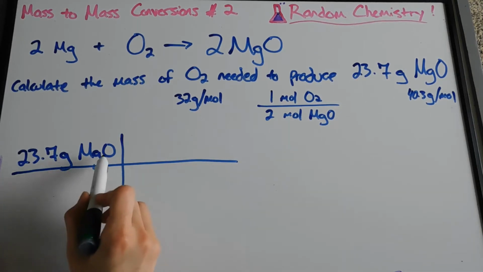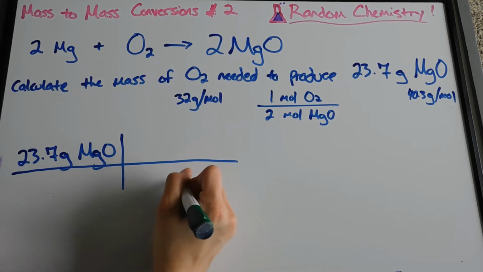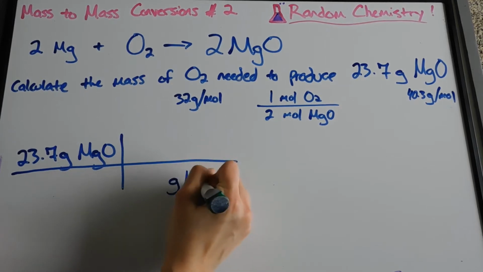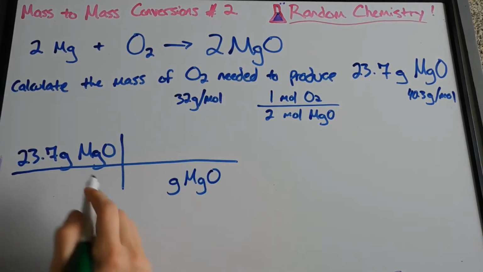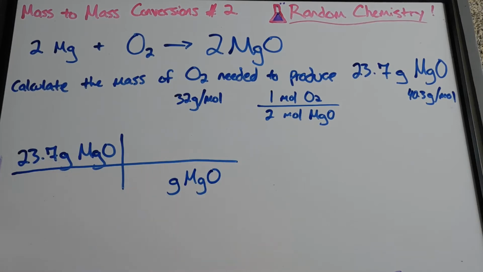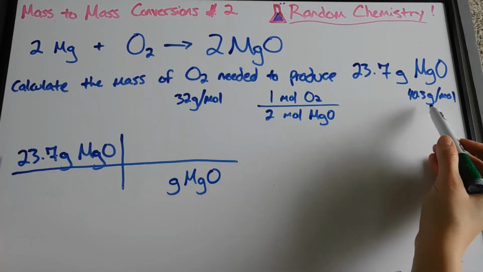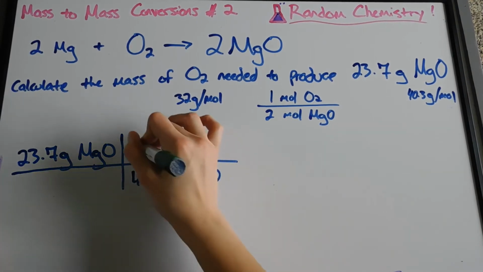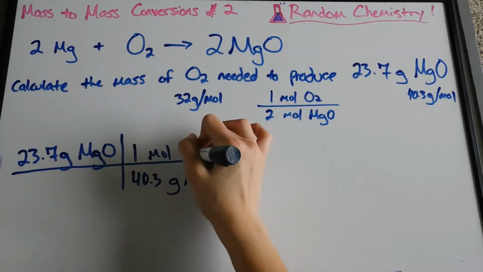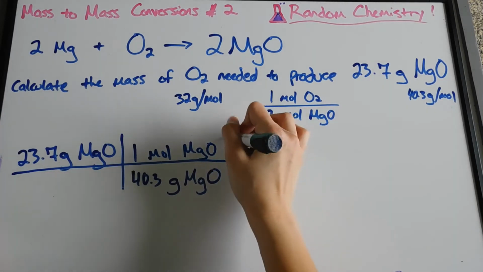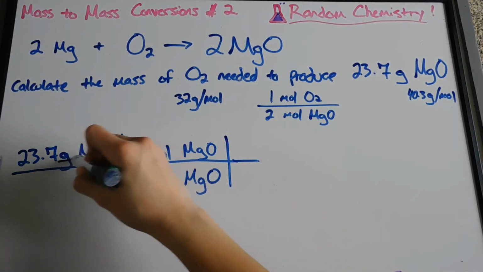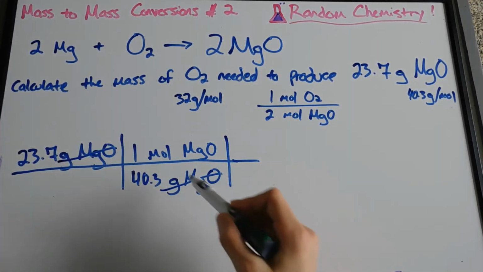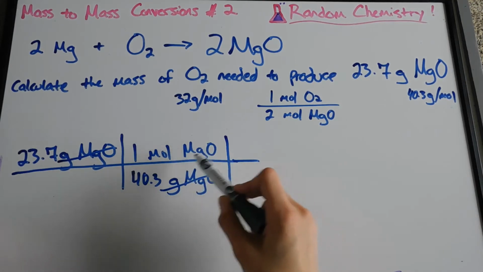So if I have grams of MgO on top, I need grams of MgO on bottom. So 40.3 grams per 1 mole of MgO. So now grams cancel out. So now I'm left with moles of MgO.